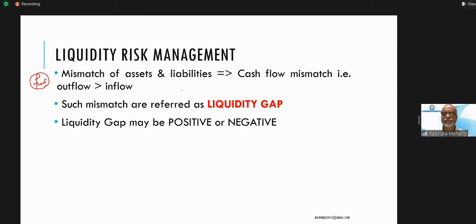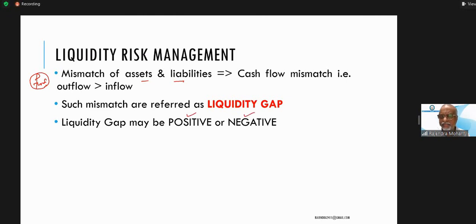Whatever the position might be, there is a mismatch in the asset and liability. That can be positive or negative. That gap is called the liquidity gap. When there is a negative gap, then it is a liquidity risk. Clear?